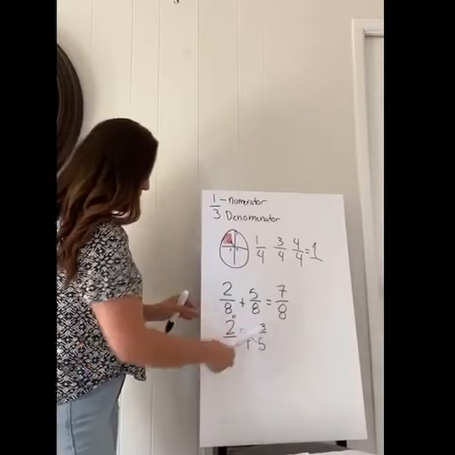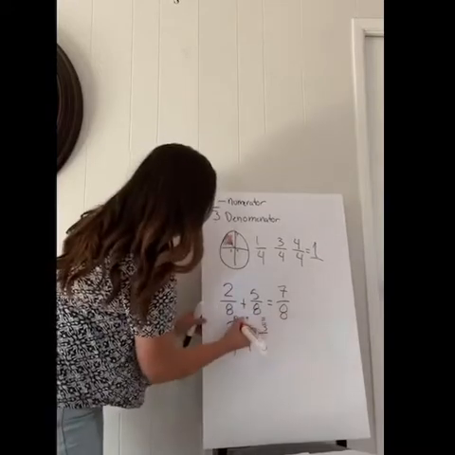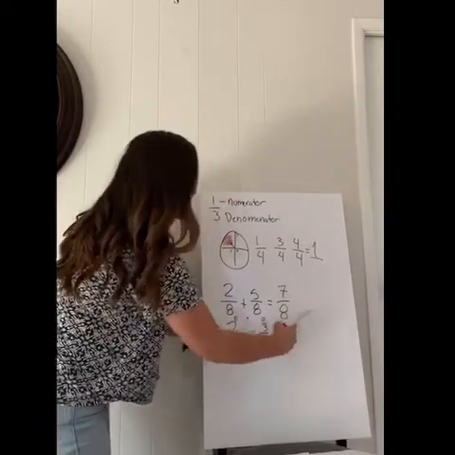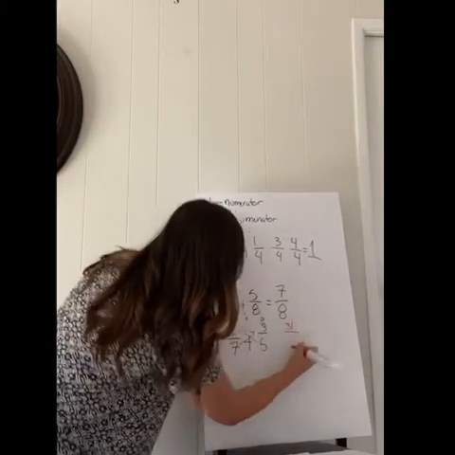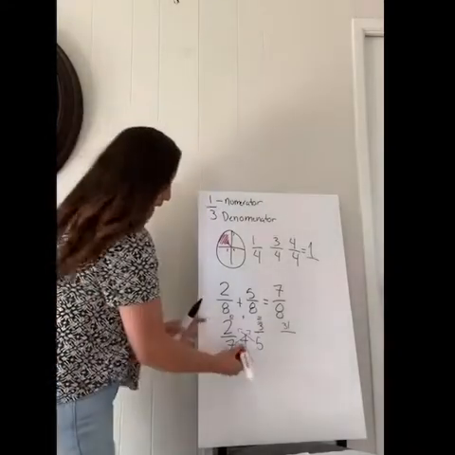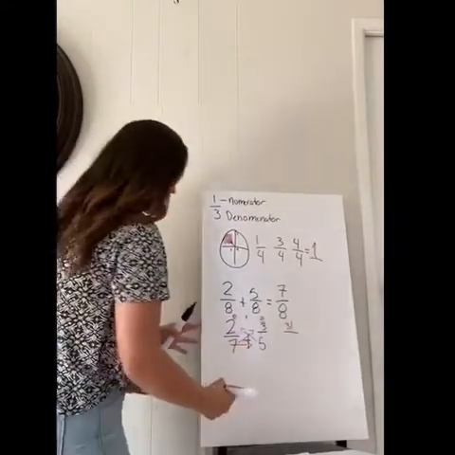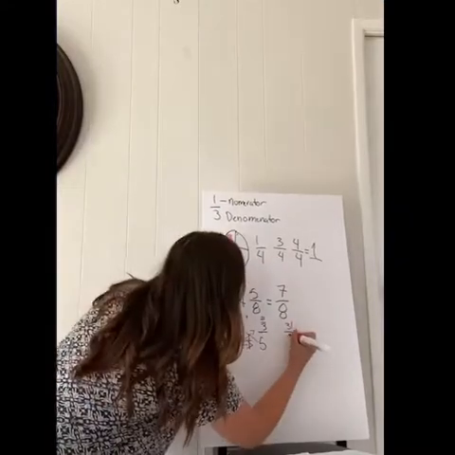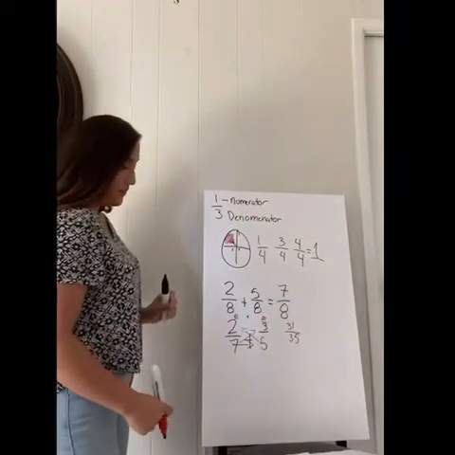And then 7 times 3 is 21. You add 21 and 10, and that's what gives you your numerator. So this would be 31. So in order to get your denominator, we're going to multiply 7 by 5. So you multiply the denominators across. So 7 by 5 is 35. And this would be your final answer.